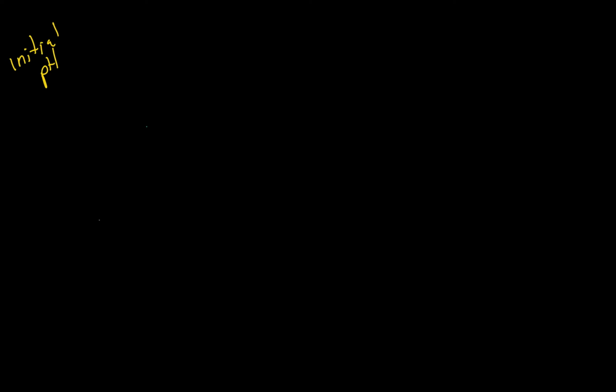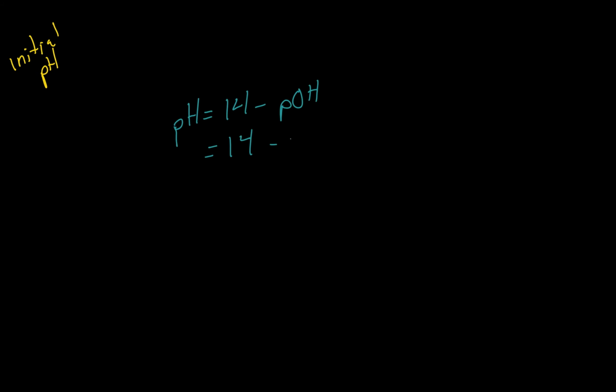So this is just going to be the difference between 14 and the pOH that we can get directly from the concentration we were given. So 14 minus the pOH, just like that. And pOH we'll get from the negative log of our hydroxide concentration. Hydroxide concentration was 0.115 molar.